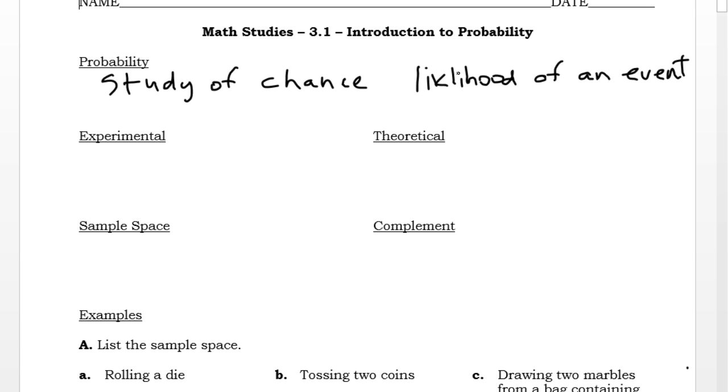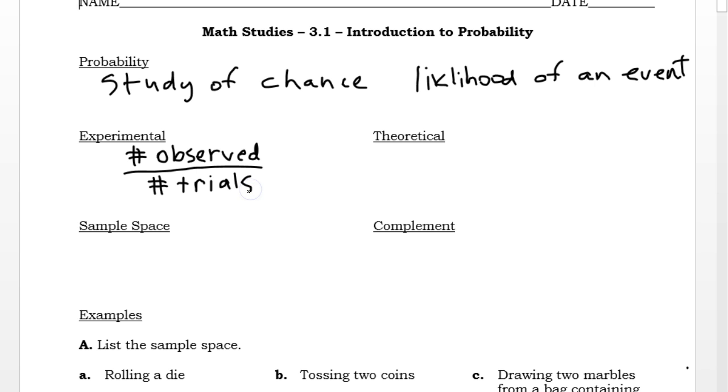Those are all probability. So, experimental probability is when you actually conduct an experiment or try something several times. If you want to report on experimental probability, you give the number of times you observed a specific outcome divided by the number of trials you ran.